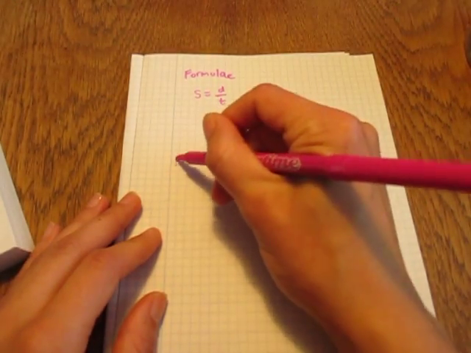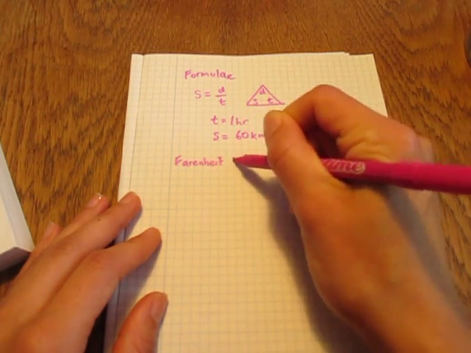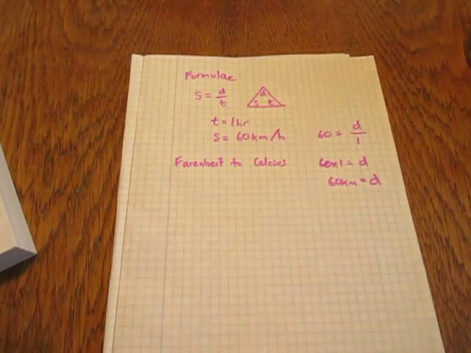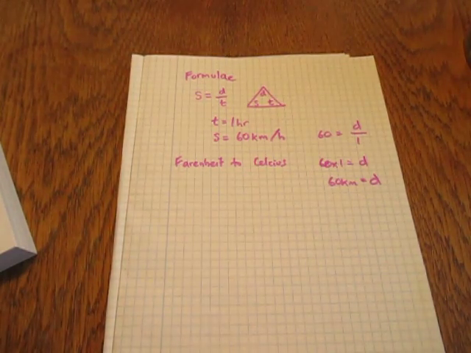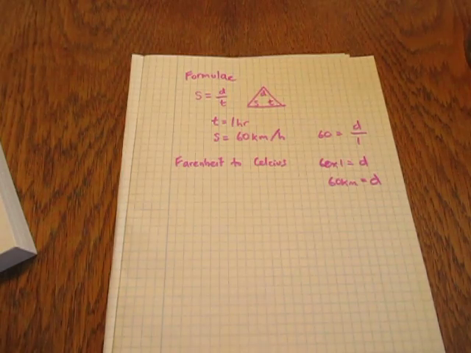Another example is Fahrenheit to Celsius. There's a formula for calculating degrees Fahrenheit, as they use in America, to degrees Celsius.